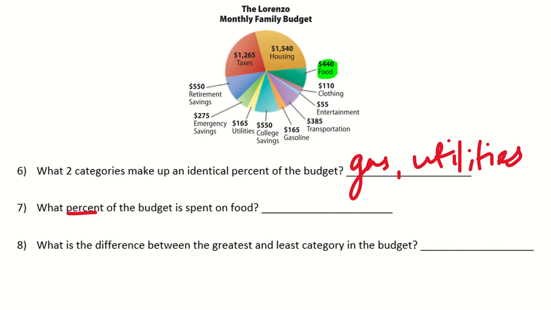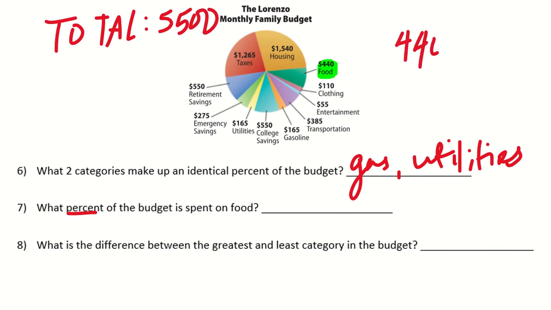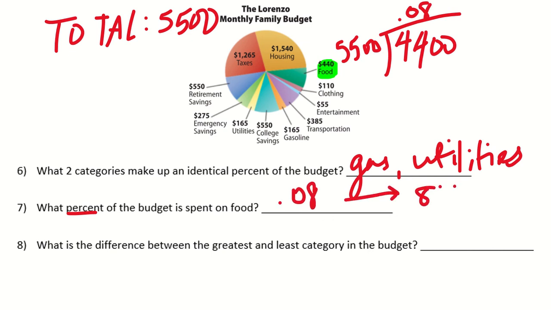So again, remember percent, the total was 5,500, and we're trying to figure out 440 divided by 5,500 is what percent? 440 divided by 5,500 is 0.08 as a decimal. Then that is 8%.